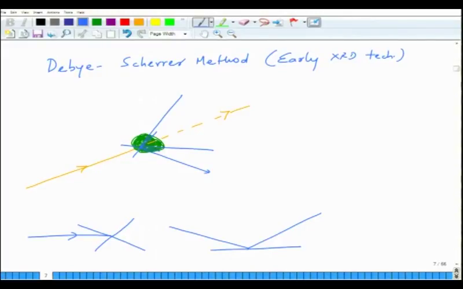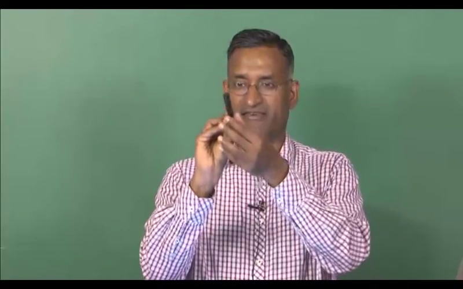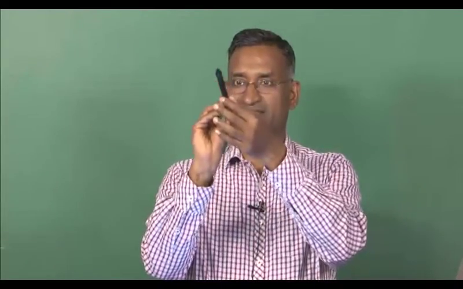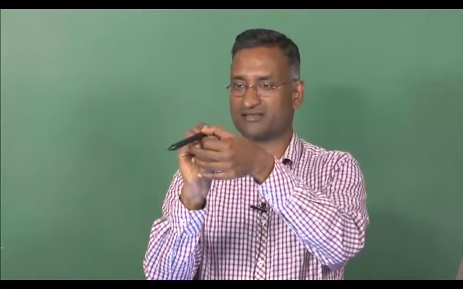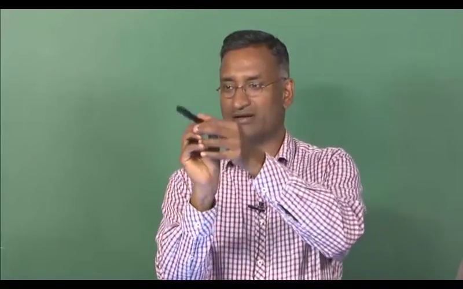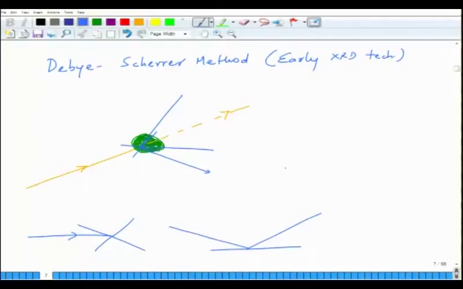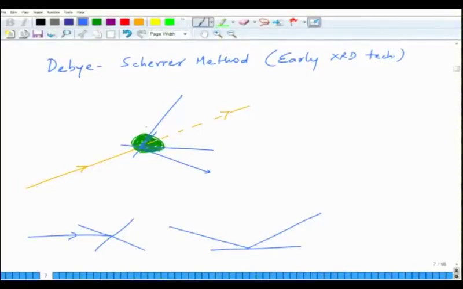So in 3D it is as if you have an incident beam and diffracted beams in many directions, and they form sort of a cone. So you will have a cone of diffracted X-rays coming out of a material. One cone corresponds to one set of planes. So this is one cone.